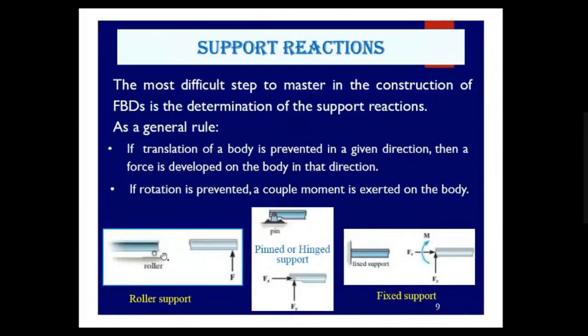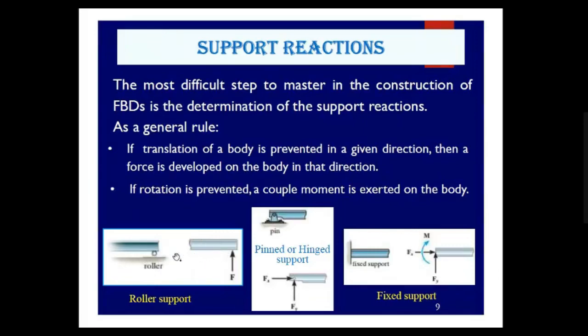Or in other words, I can say that the roller support is providing some kind of reaction force in the upward direction. So whenever I am applying a force in the downward direction, this support is providing a force in the upward direction to prevent the downward motion of this beam. So it means that I can replace this support with a force.